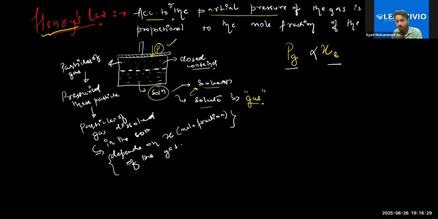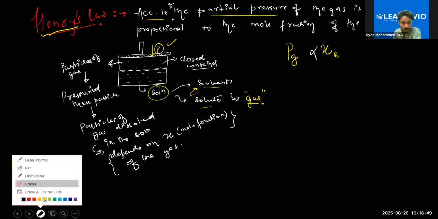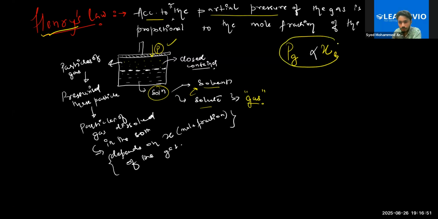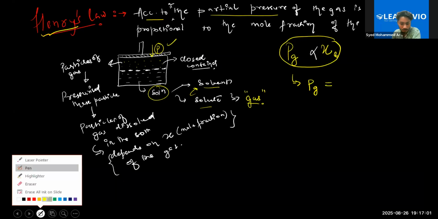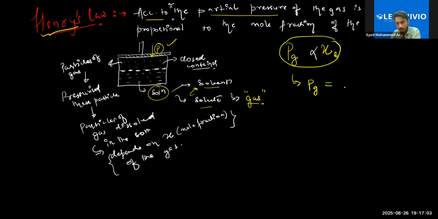Yes. So can you tell me what is Henry's law? Henry's law: the partial pressure is directly proportional to the mole fraction of the gas, the mole fraction of the gas which is there at the upper side of the solution. Fine. Now if I remove this proportionality sign, I'll end up getting a constant, which is k, which is my KH.